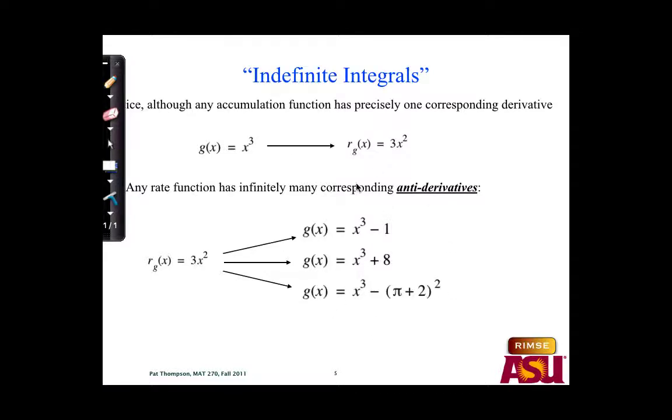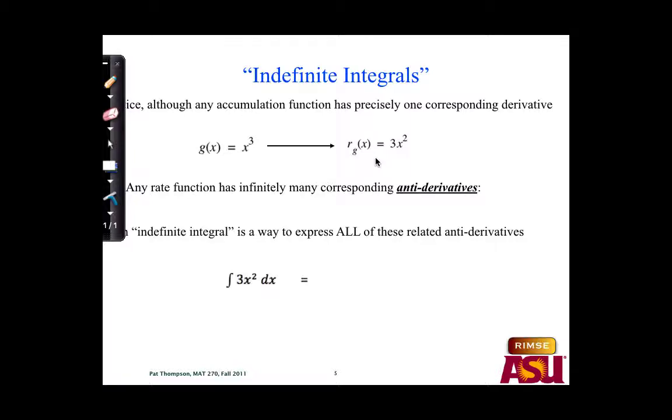Luckily, there are many antiderivatives because constants are irrelevant in terms of what you see in a rate function. You can't determine initial constants from that. But if you want to describe what the accumulation function has to have in it in order to have a rate like this, I can say, this has to have an x cubed. It could have a constant, or maybe it doesn't. Maybe it's a 0 constant. But the notation for that is called an indefinite integral. There's no numbers on the sign. This is just describing in general what an associated accumulation function would have in it.